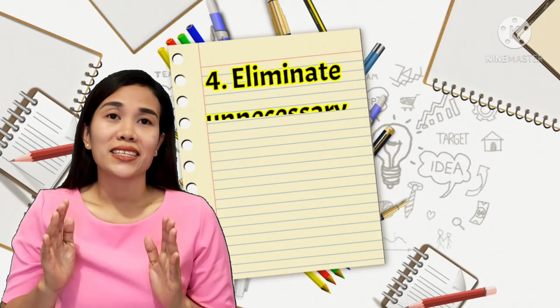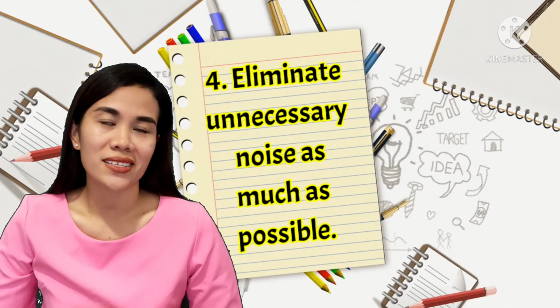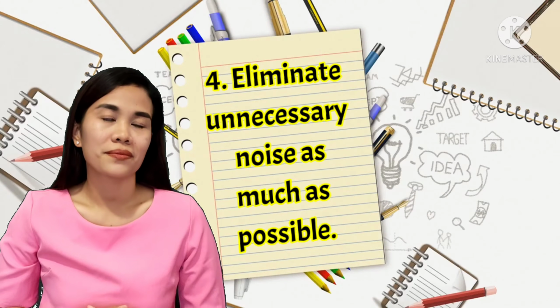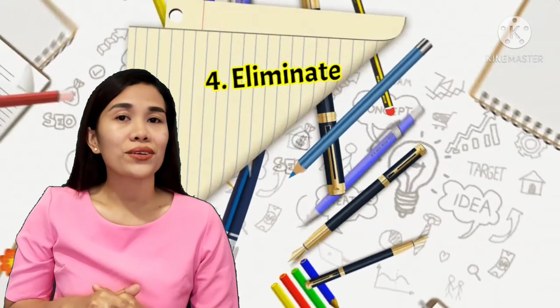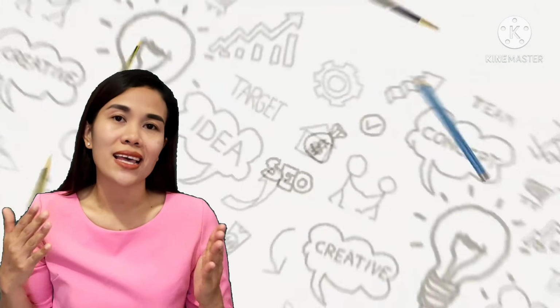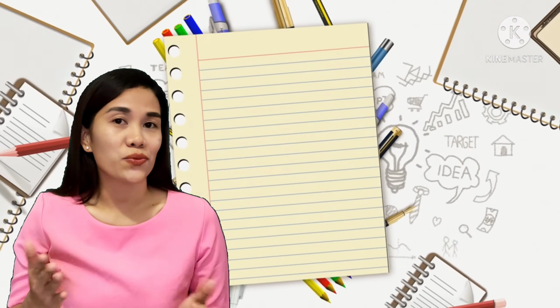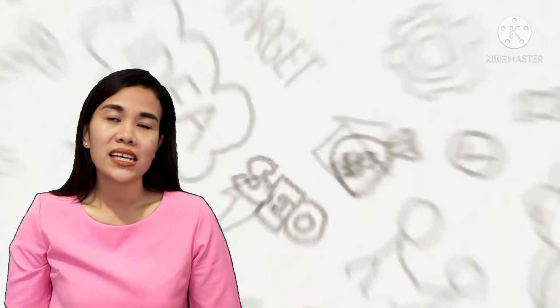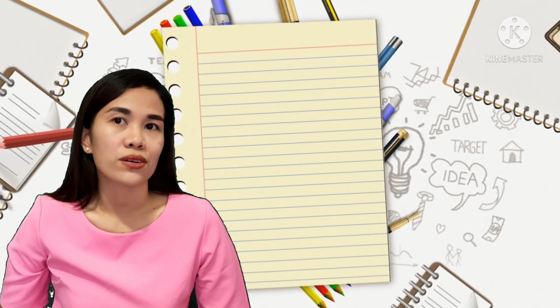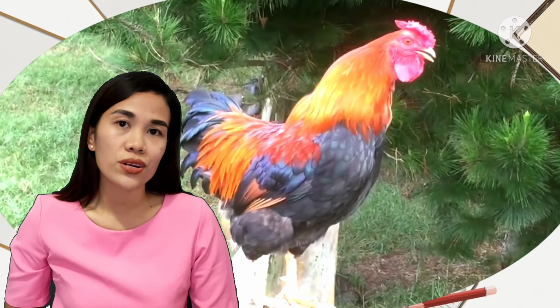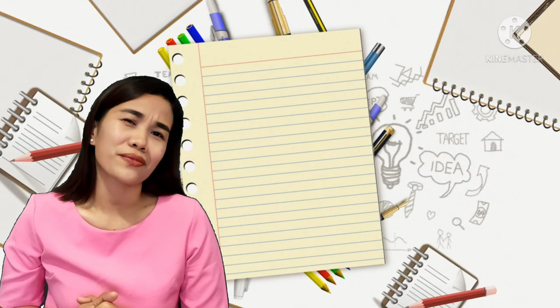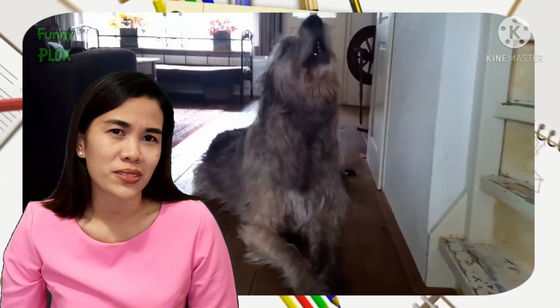Next, eliminate unnecessary noise as much as possible. Sometimes you cannot demand complete silence because of some circumstances. As we commonly experience, some of these sound problems are the crow of a rooster, bark of a dog, or even the videoke from our neighbors.